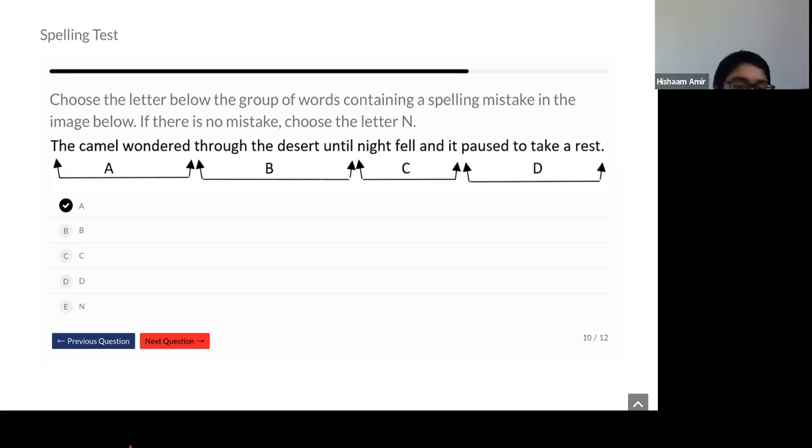I think it would be A, because wondered is spelled wrong. There's two types of wonder. Yes. One is the one when you're thinking, and the one it's meant to be is the one when you're walking around. That's right. So there are two types of wondered, and this one is the wrong wondered spelling there.